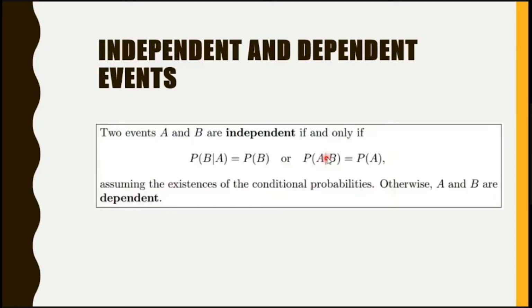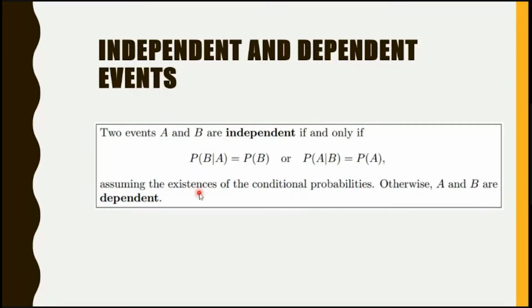We have here another definition. Events are independent if and only if the probability of B given A is just equal to the probability of B, or the probability of A given B is just equal to the probability of A, assuming the existence of the conditional probabilities.